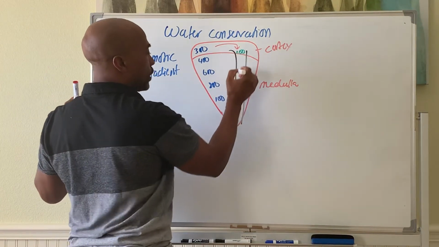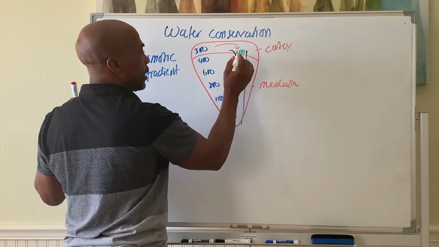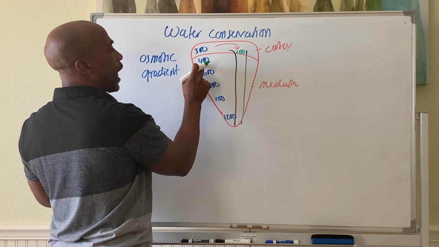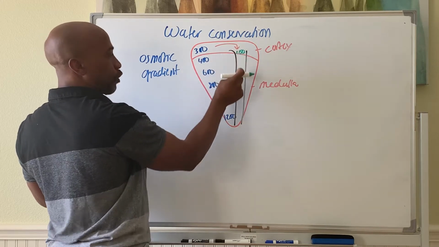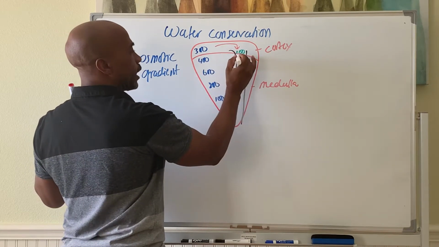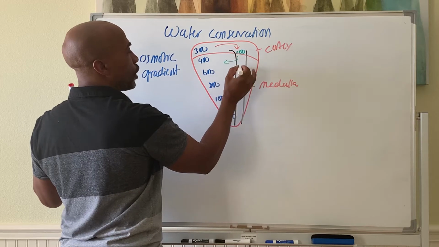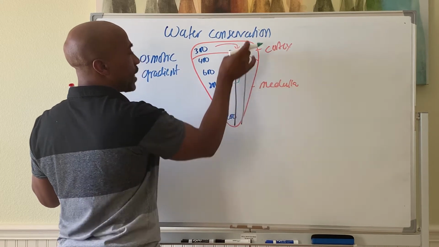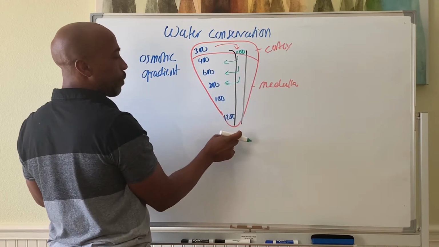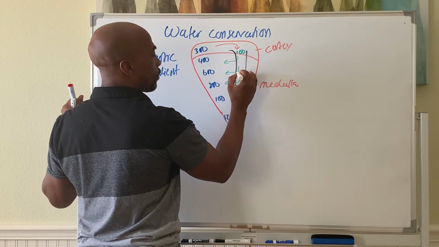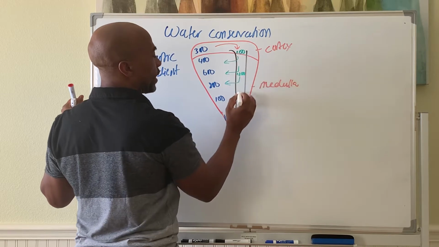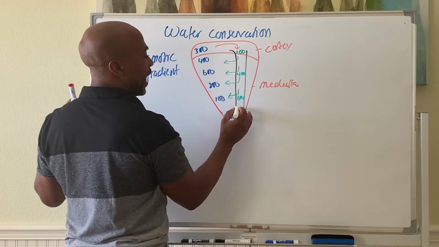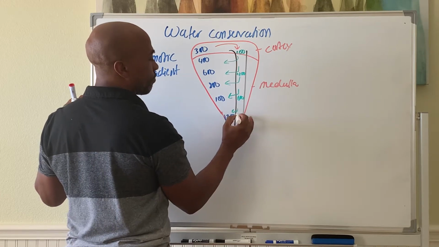As it goes through the duct, the osmolarity outside will always be higher than the filtrate inside, so it will lose water to the higher osmolarity as it passes through. As it goes down towards the papilla, it gets higher: 400, 600, even as high as 1,200.